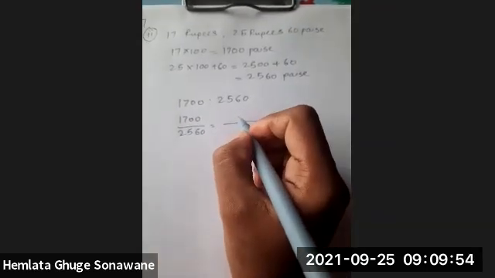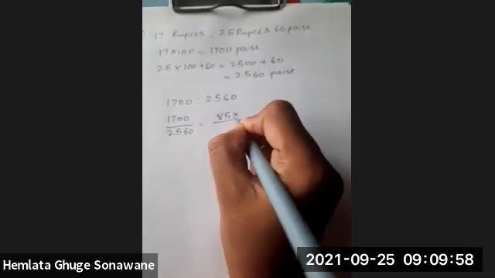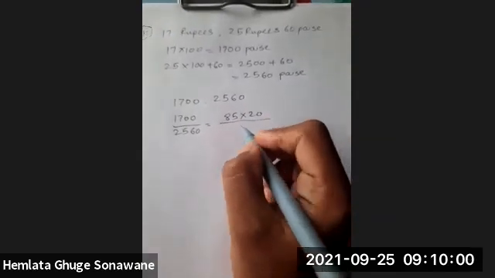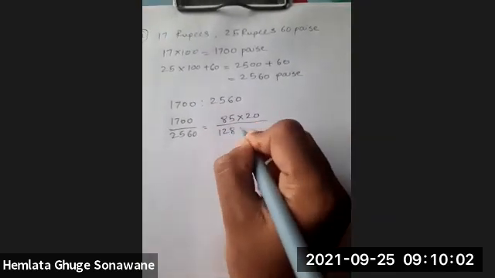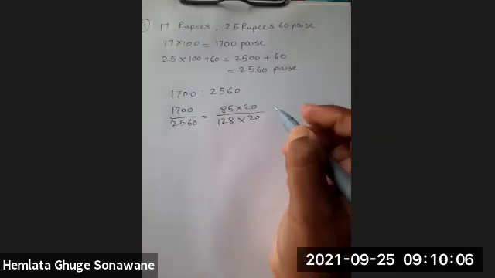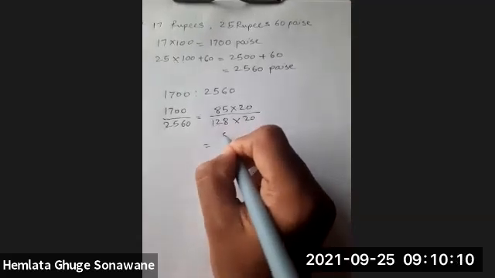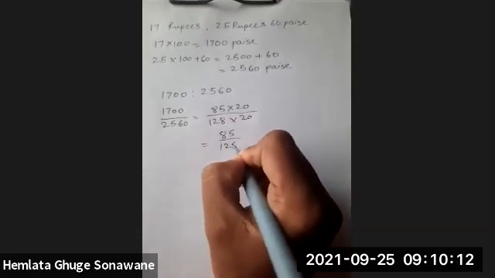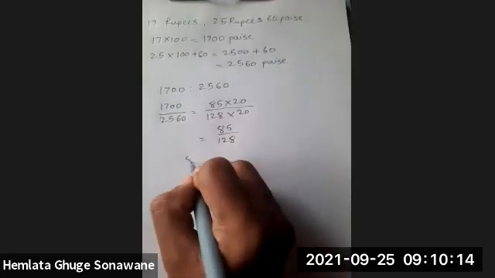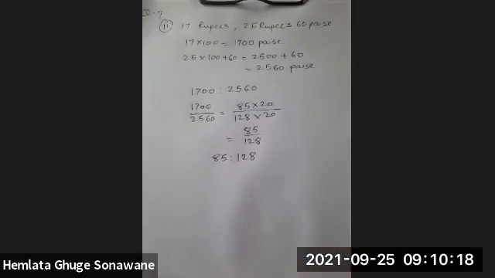We'll divide by 20, so we get 85 and 128. So it becomes 85 upon 128, that is 85 to 128.